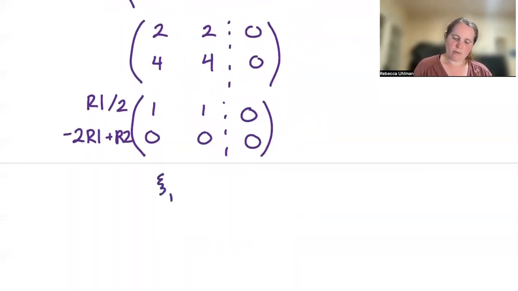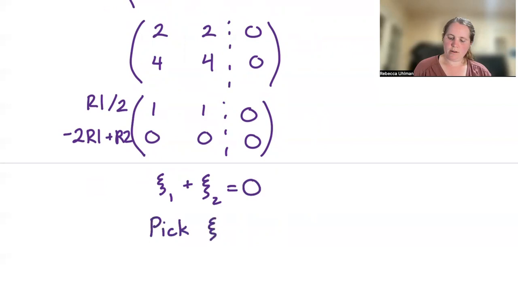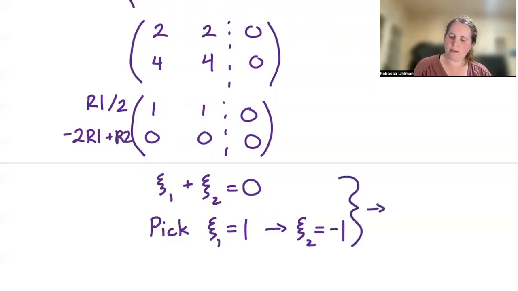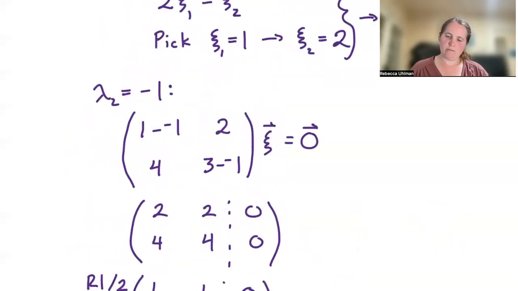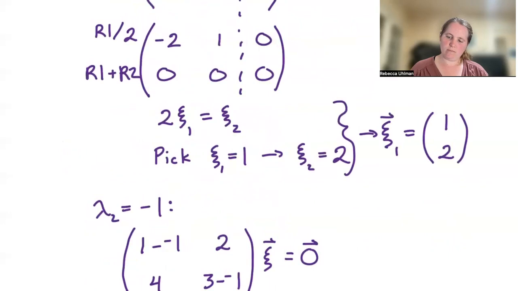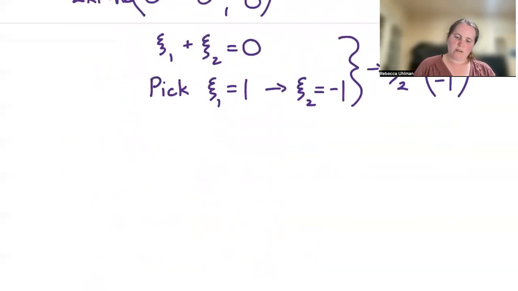This tells us that xi1 plus xi2 is equal to 0. We can pick xi1 to be 1. That means that xi2 would have to be -1. Putting these together, our second eigenvector is 1, -1. So we have our fundamental set of solutions.